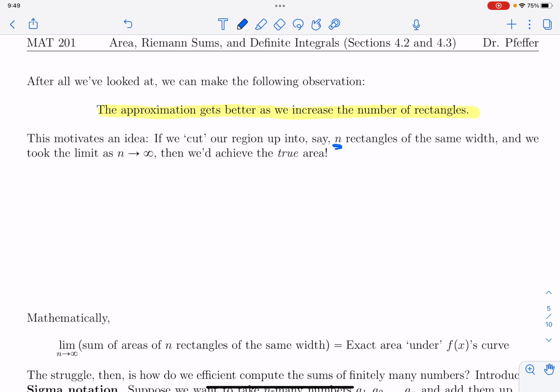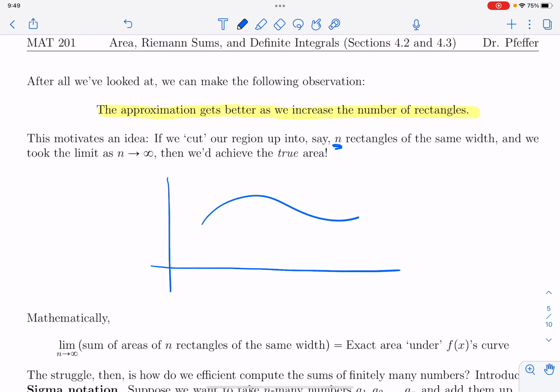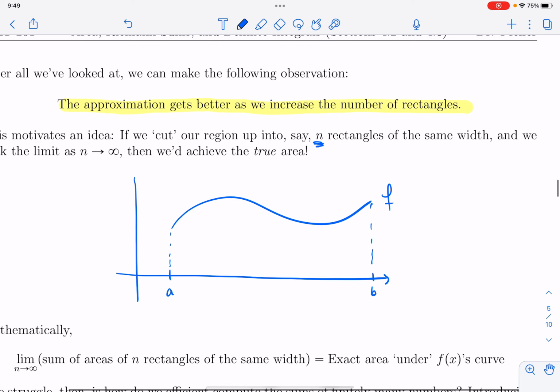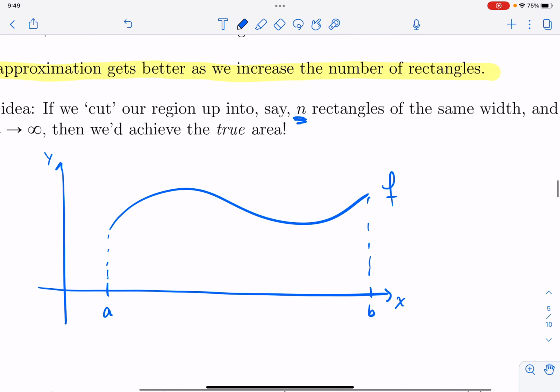So sort of the picture that we always have in our head when we do this is that if we take an arbitrary function like this, f, bounded between, say, a and b, then what you want to do is squeeze in a large number of rectangles.